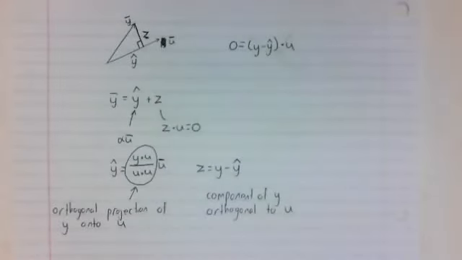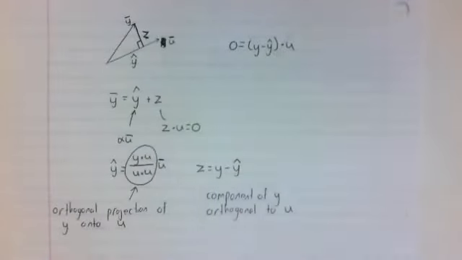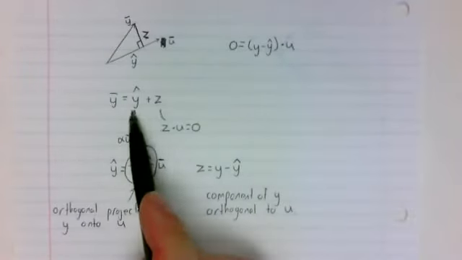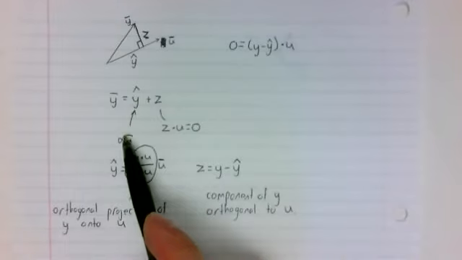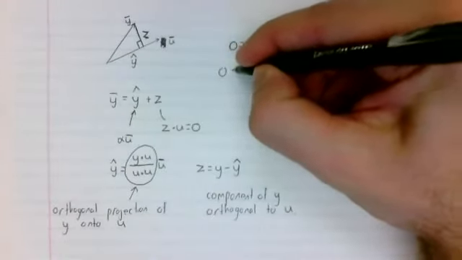By definition, for two vectors to be orthogonal, their dot product has to be 0. Y hat is alpha times u for some alpha.